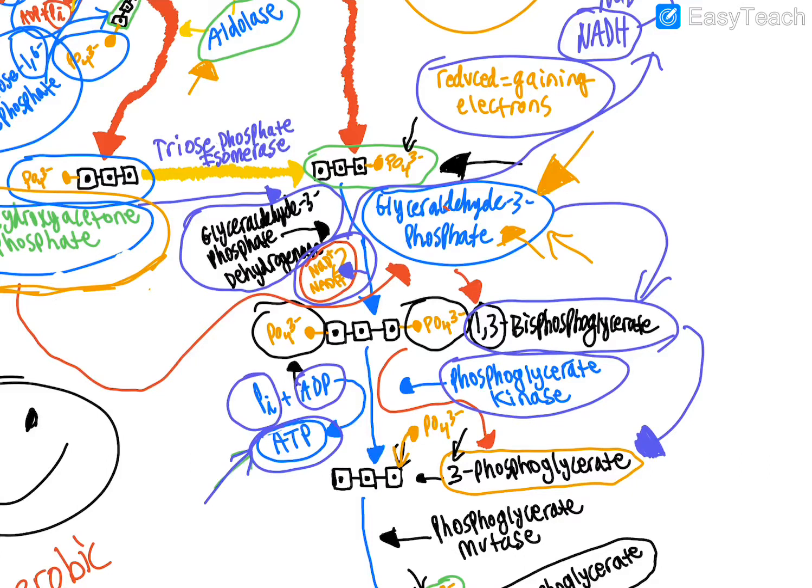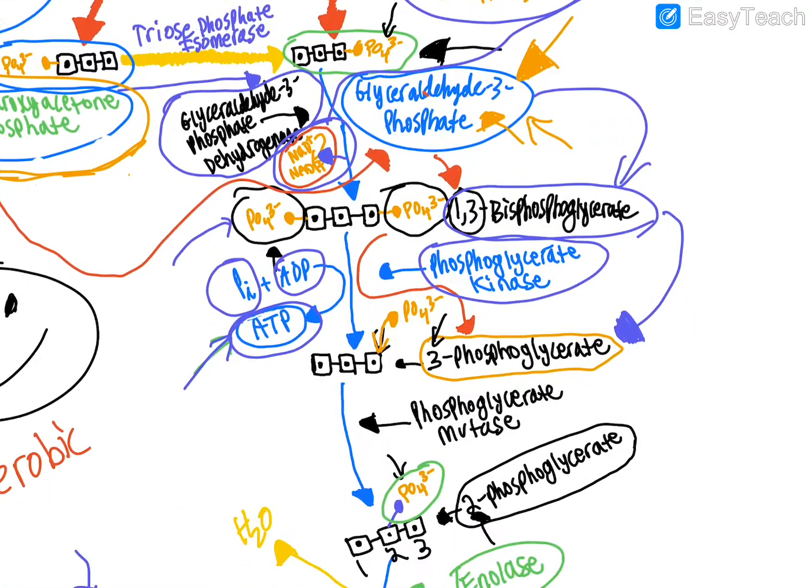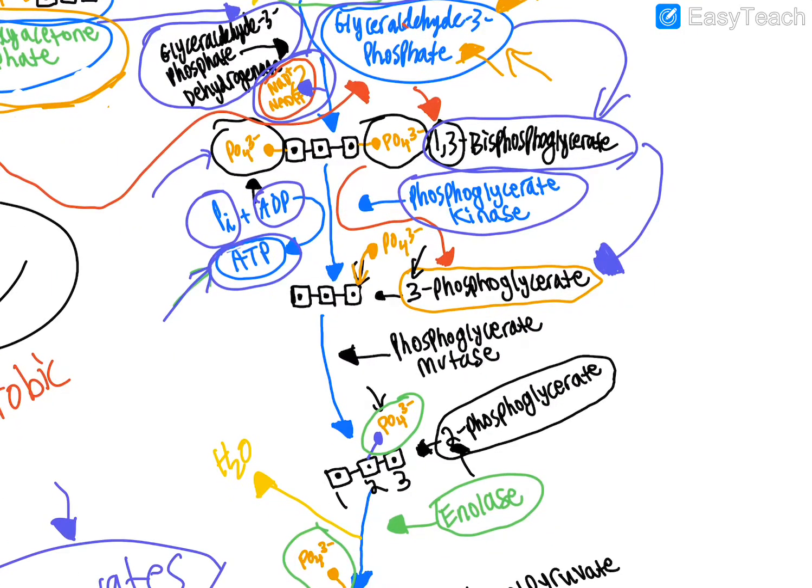The phosphate you see here on the 1 carbon came from a regular free-floating phosphate in the cytoplasm. Next, from 3-phosphoglycerate we went to 2-phosphoglycerate. That's pretty easy to remember: 3 to 2, and phosphoglycerate stays the same.